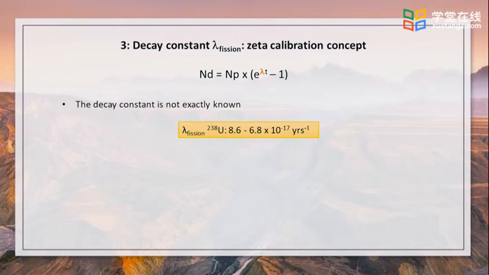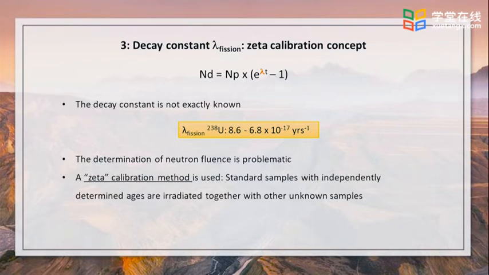The decay constant of spontaneous fission of uranium-238 is not exactly known, and the determination of neutron fluence is problematic. Therefore, the zeta calibration method is adopted, where standard samples with independently determined ages are irradiated together with other unknown samples.